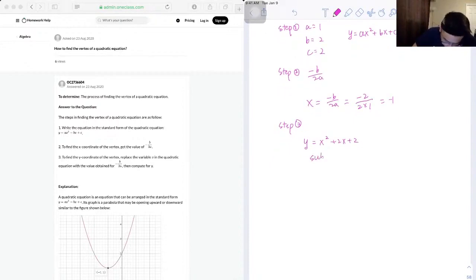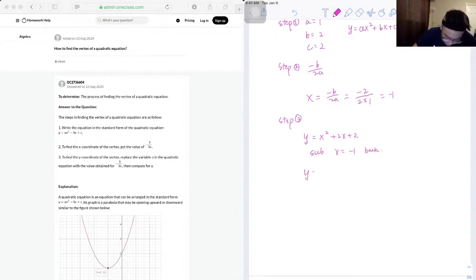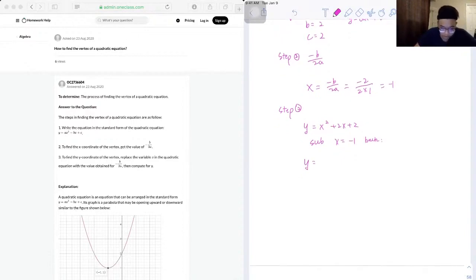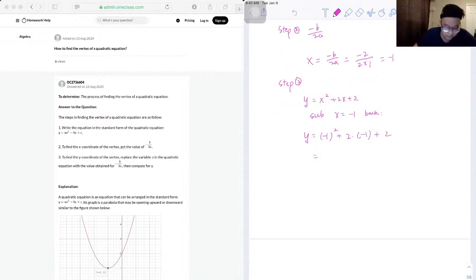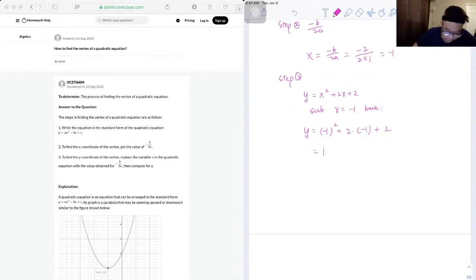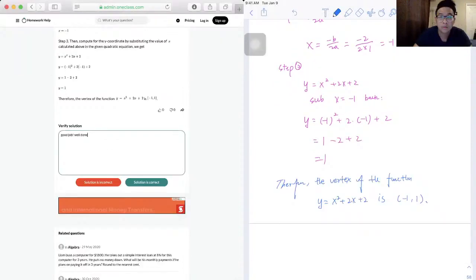So we will sub x is equal to negative 1 back. Instead of writing x squared, it's going to be negative 1 squared, and 2 times negative 1, plus 2, which is equal to 1 minus 2 plus 2, and the solution is correct.